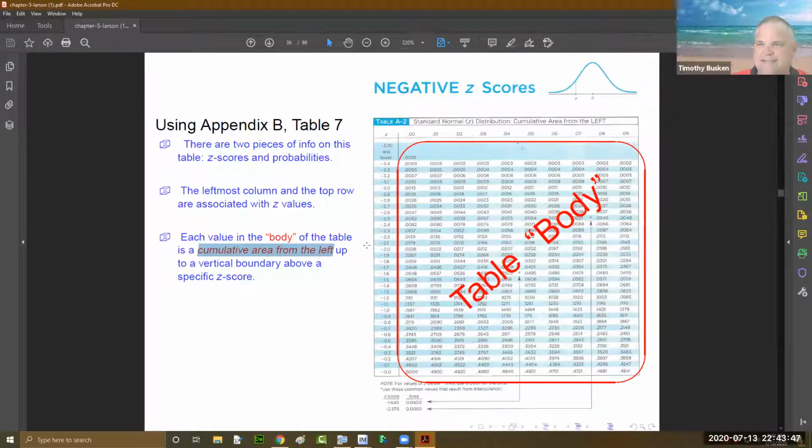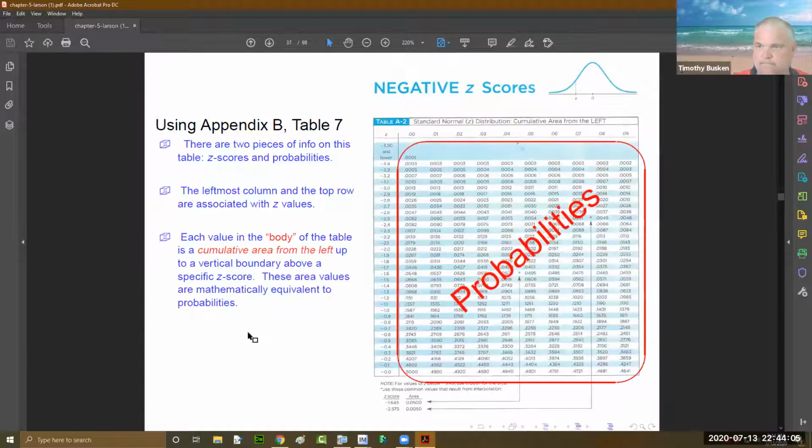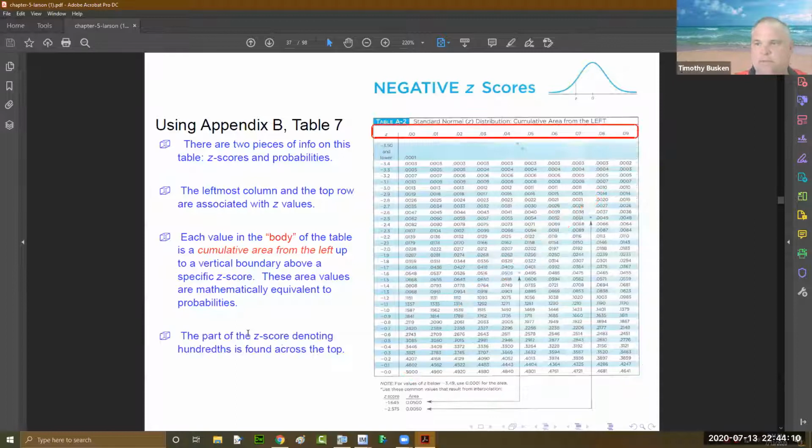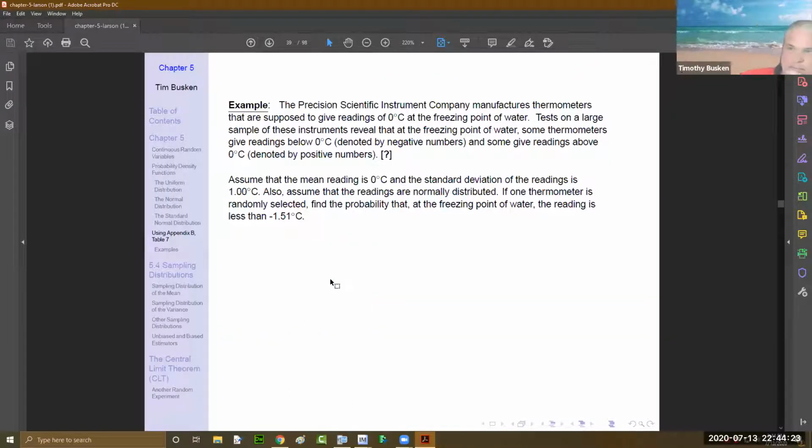The numbers in these table values just give you this cumulative area corresponding to a particular z-score. So let's show you how that works. And of course, these areas are mathematically equivalent to probabilities. The part of the z-score which represents the hundredths is found on the top row, and that's something to keep in mind here.